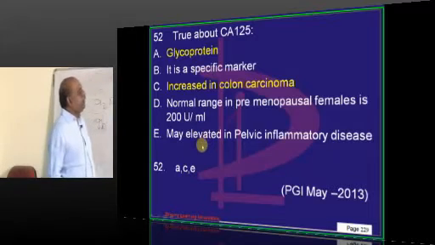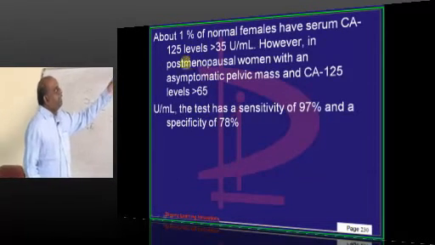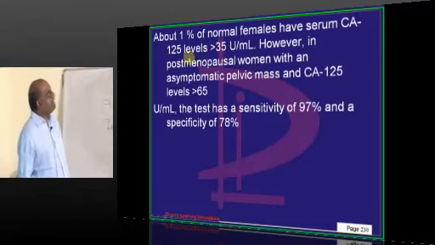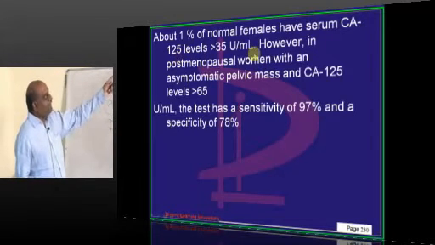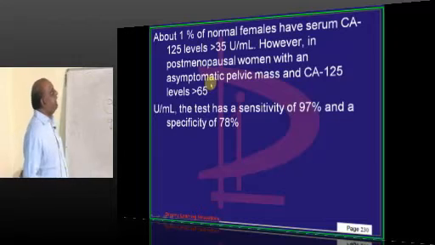Then if you look at CA 125, about 1% of normal females can have a level more than 35.